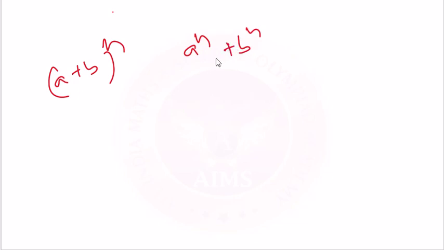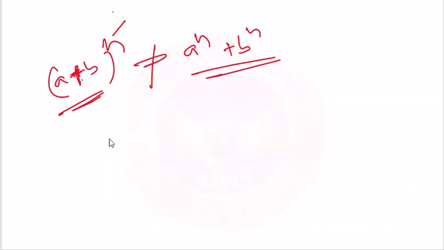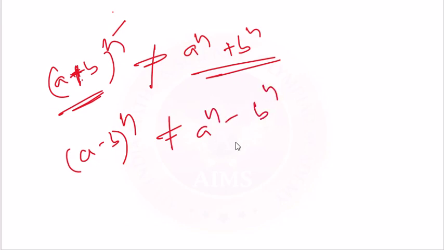We cannot write like this because these two are not equal. When we have product, we can write like that. But when we have addition, if we have common power n, we cannot make it equal to individual powers. They are not equal. Even in subtraction also, if we have common power, we cannot write it as a difference of individual bases.